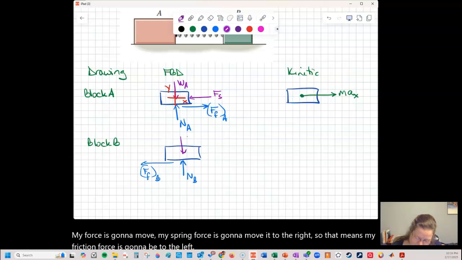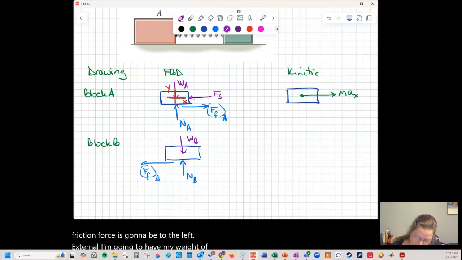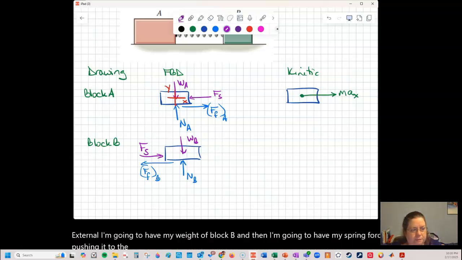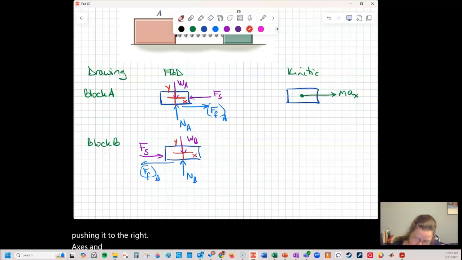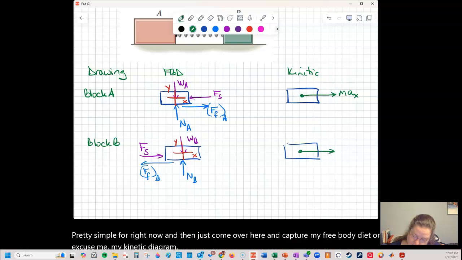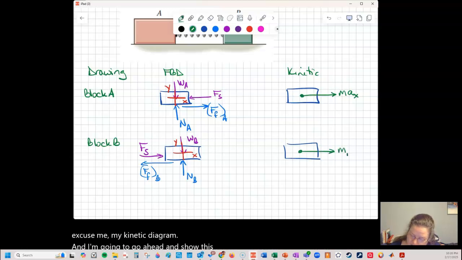External, I'm going to have my weight of block B. And then I'm going to have my spring force pushing it to the right. Axes and angles, pretty simple for right now. And then just come over here and capture my kinetic diagram. I'm going to go ahead and show this one as mass of block B times a sub x.